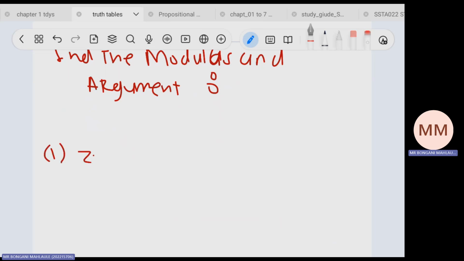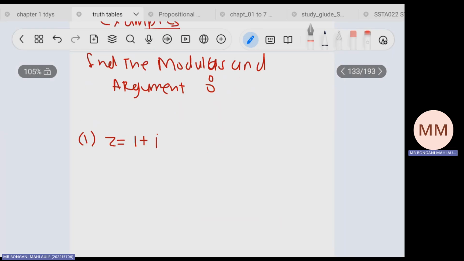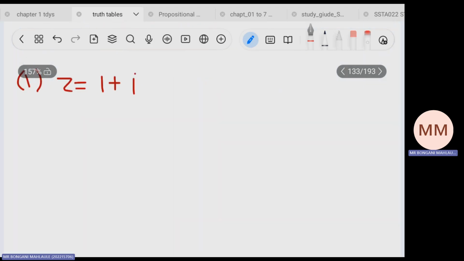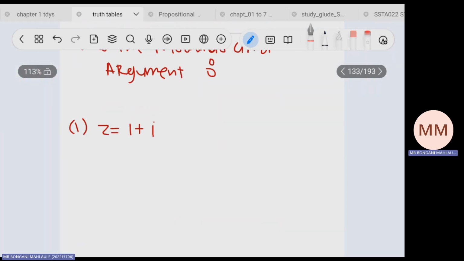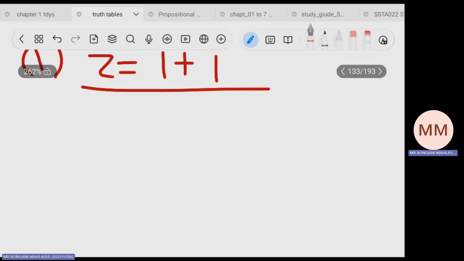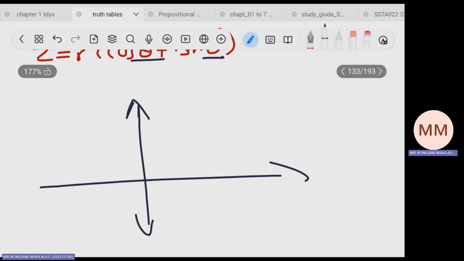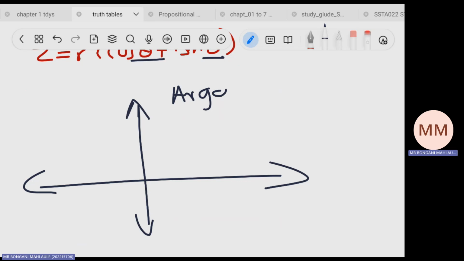Number 1, here you'll have to know the table or the graph where z is going to be positive, because in this case we want to write this complex number in its polar form, and you're going to get something like this. So we must look for the angle. In order to get the angle, you must draw a Cartesian plane, and this is called the Argand diagram.